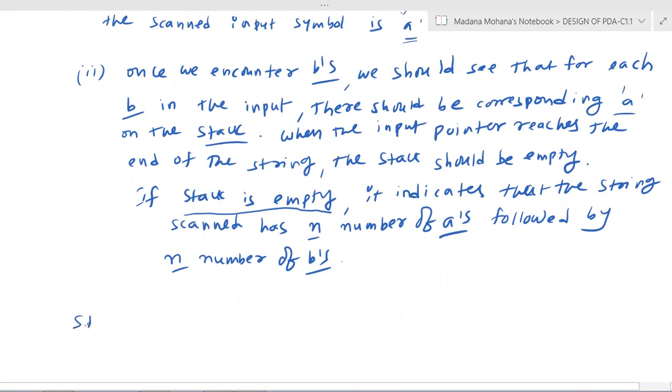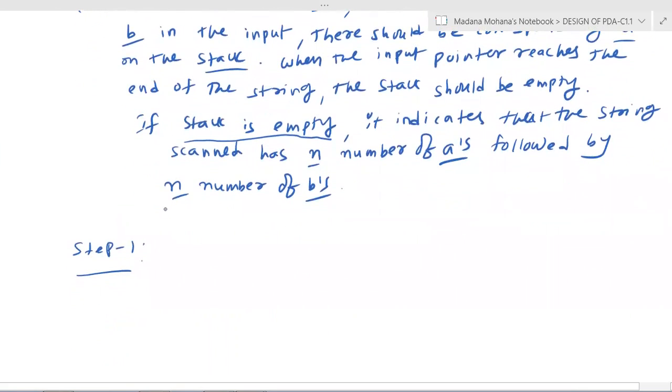Now, by using the above two steps, you can write the corresponding transitions. Step 1: whenever we are designing or constructing a PDA, you can start with the initial state. Let Q naught be the start state for any PDA.